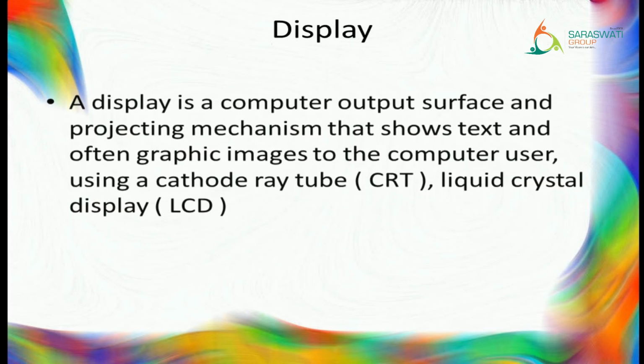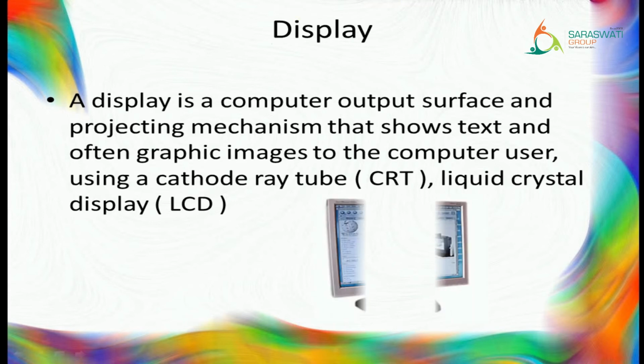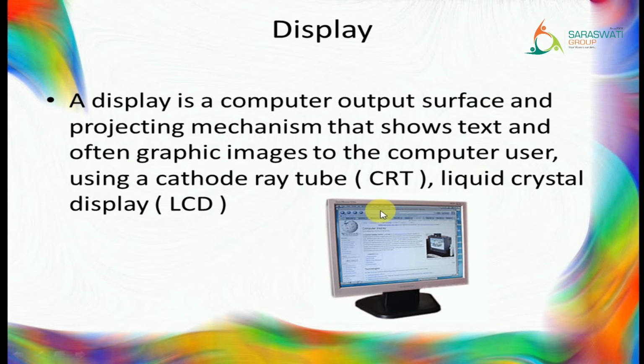See here, a display is a computer output surface and projecting mechanism that shows text and often graphic images to the computer user using a cathode ray tube, which is a CRT, and liquid crystal display, that is LCD, right? So in short, see, this is a screen, right?